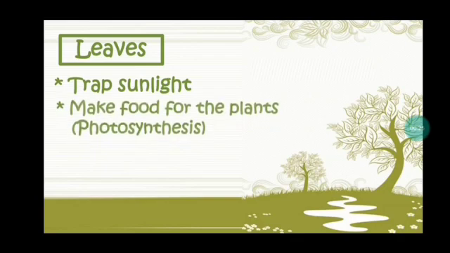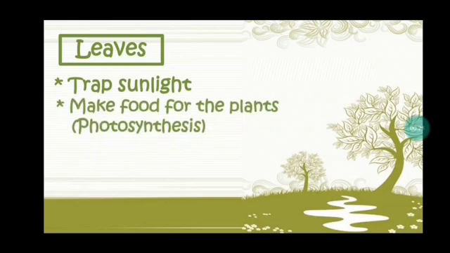So the next function, I can say that the leaf makes food for the plant, or the process we call photosynthesis. So the leaf traps sunlight in order to do photosynthesis, and the leaf is also the place for plants making food. These are the functions of the leaf.